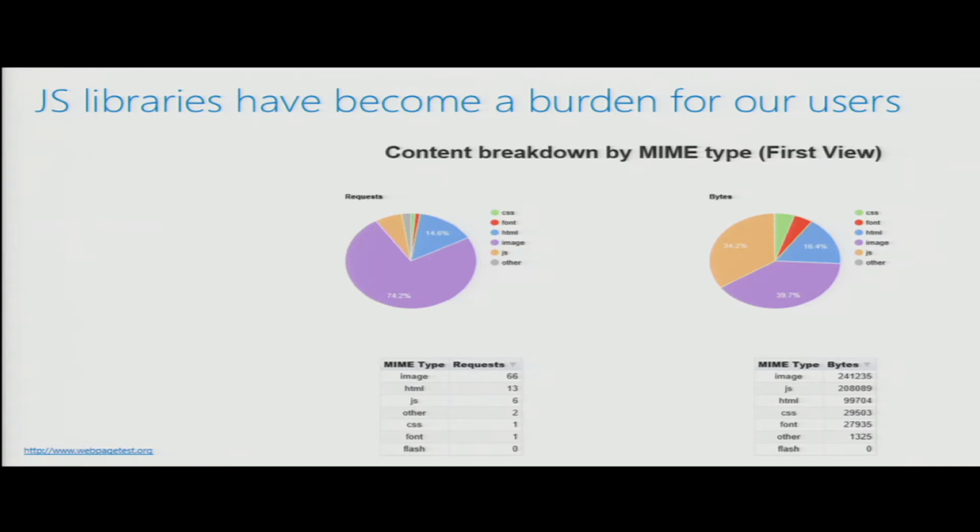Every few months there's a new JavaScript library which is interesting and new, and we might add it to our website. We always need to consider that this adds additional load to our website and additional traffic and HTTP requests. So this was quite surprising for me when I analyzed this data.